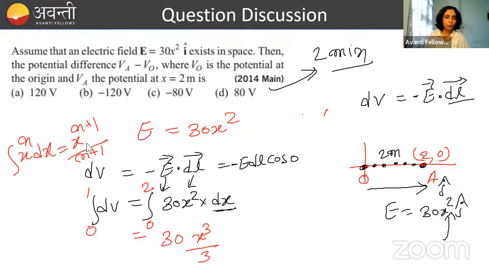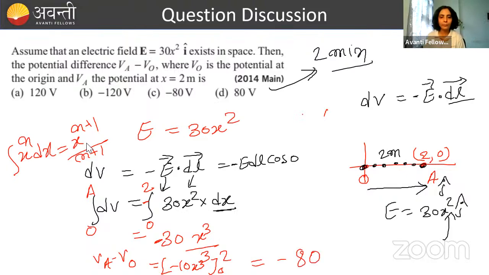And this is O to A. So VA minus V naught will be equal to how much? Here there was a minus sign. So aap yahan minus sign likh lo. This is minus 10x cube. X is varying from 0 to 2. If you're going to put the limit, you will get what? You will get minus 80 volt. So the answer is what? Minus 80 volt. That is C.